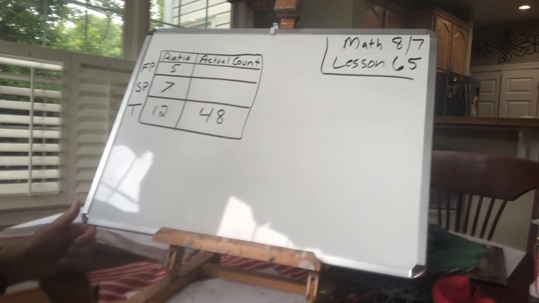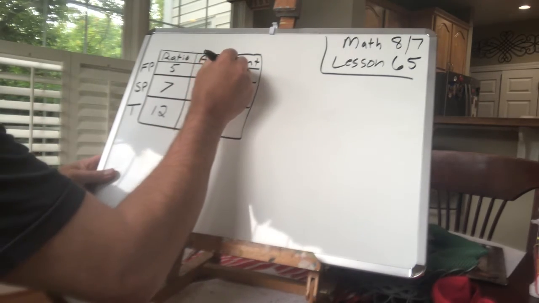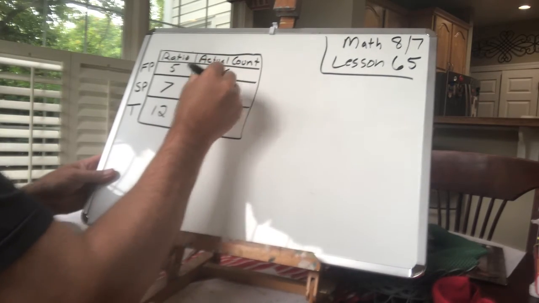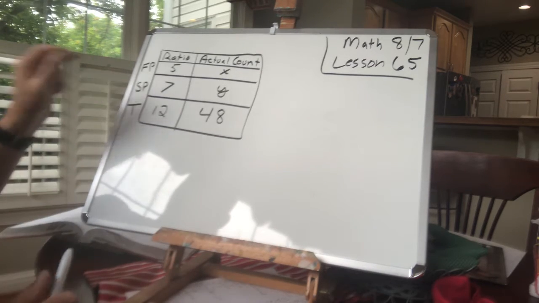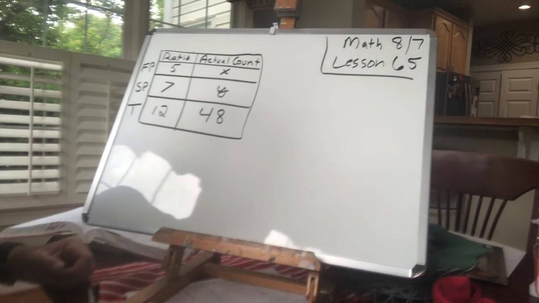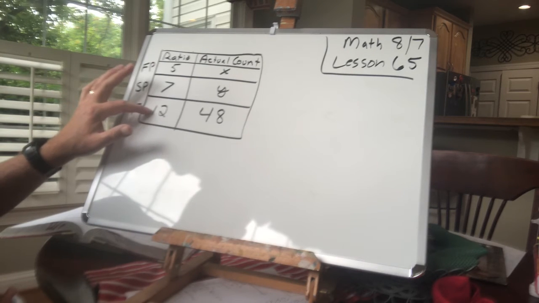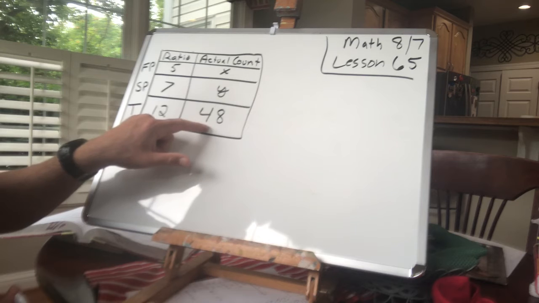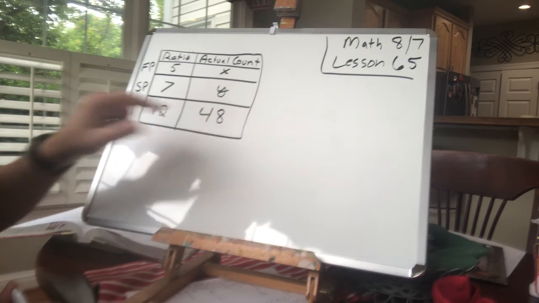How many were football players? I don't know. So I'm going to say X and I'm going to say Y, because I don't know how many football players there were and I don't know how many soccer players there were. But I do know the ratio. I know the total of the ratio and I know the total of the actual count of the players.